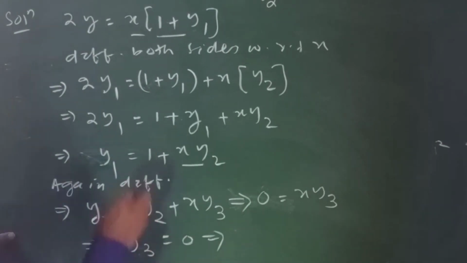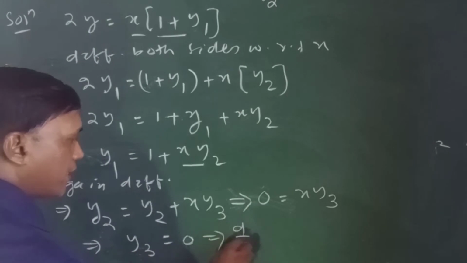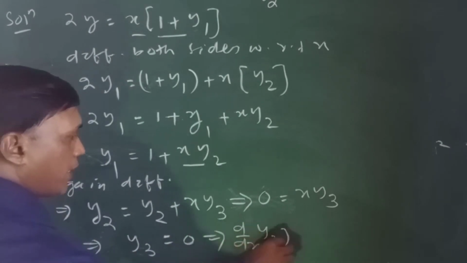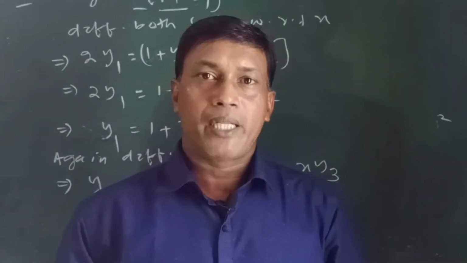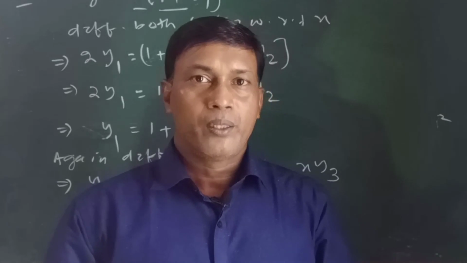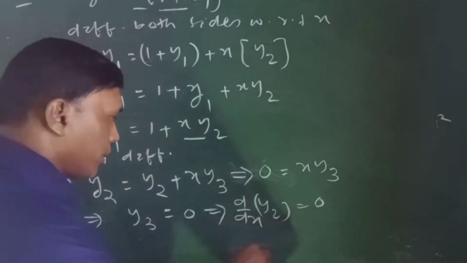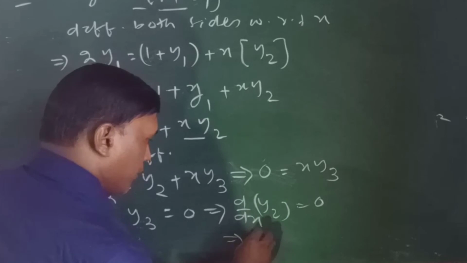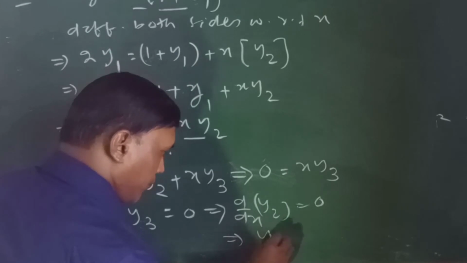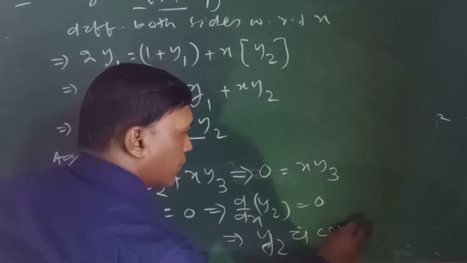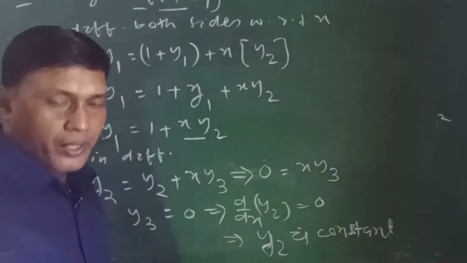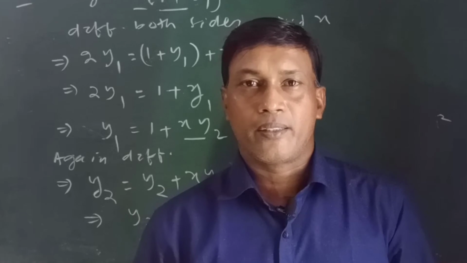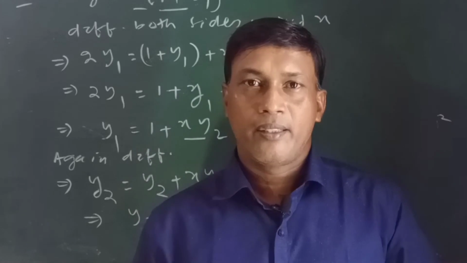If y3 is 0, then the derivative of y2 is equal to 0. But we know the derivative of a constant is 0. So if the derivative of y2 is 0, then y2 is constant. Hope you all enjoy the successive differentiation class, and thanks.